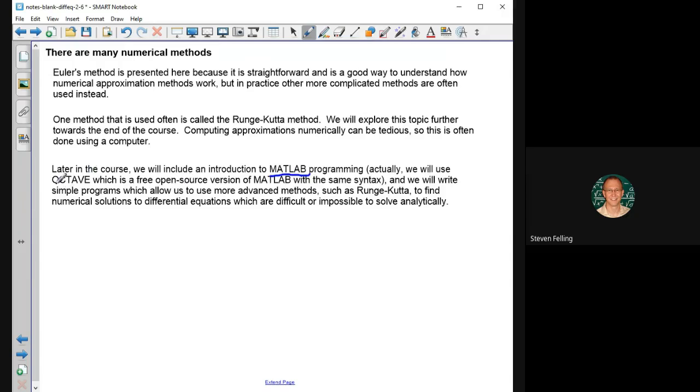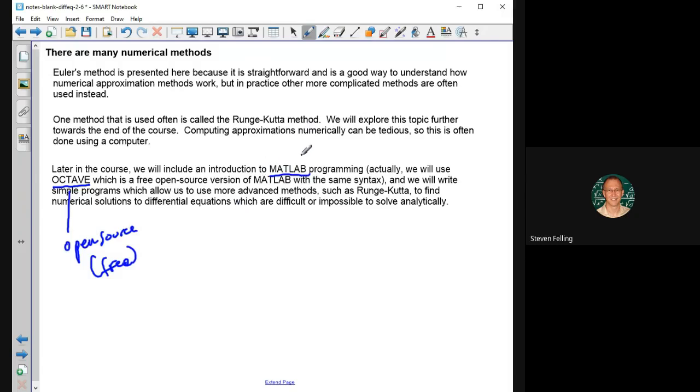And we're actually going to use a program called Octave, which is an open source program, which means it's free. You can download it for pretty much any platform, Mac, PC, Linux, Windows, whatever. And it uses the same syntax as MATLAB, which is a purchase program. So how we actually do it will depend on what mode we're in terms of instruction modes when we're in class.